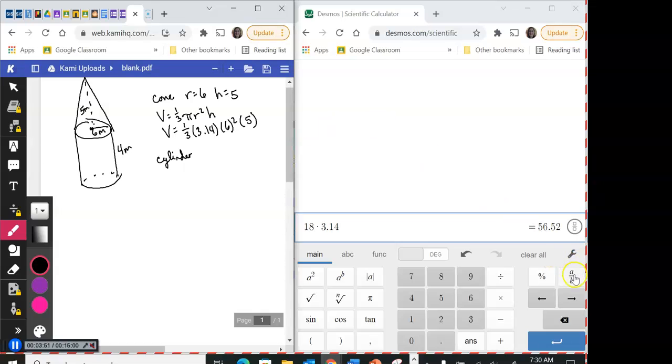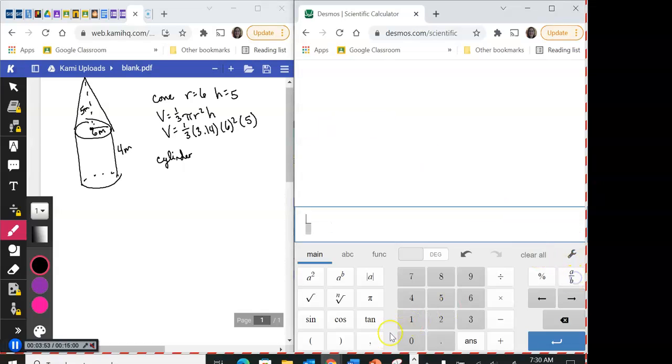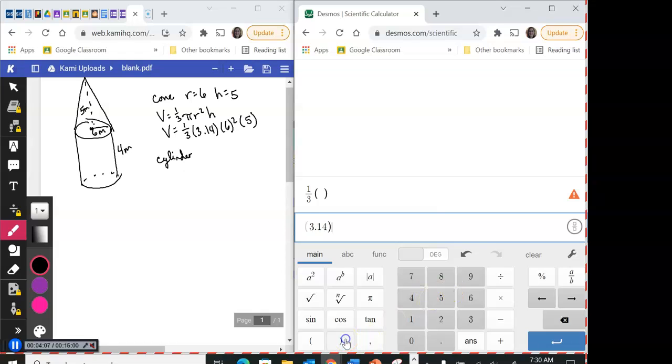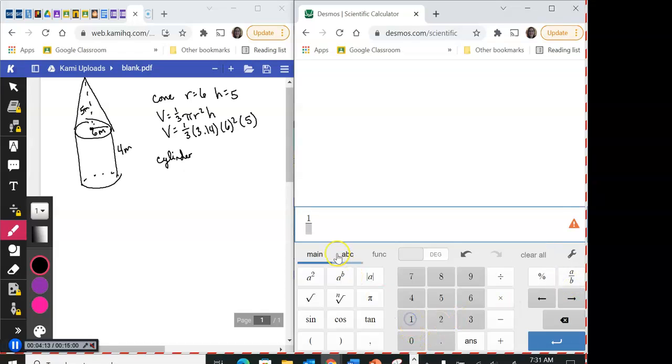So I've got 1/3 times 3.14. Sorry, apparently I'm not good at this calculator. And this is just the Desmos calculator.